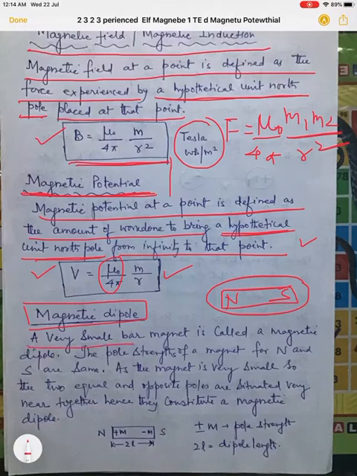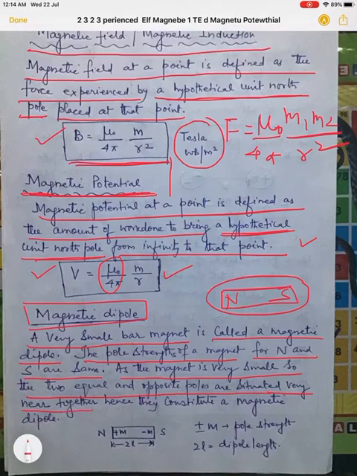So a very small bar magnet is called a magnetic dipole. The pole strengths of the north and south poles are the same. As the magnet is very small, the two equal and opposite poles are situated very near together, hence they constitute a magnetic dipole.